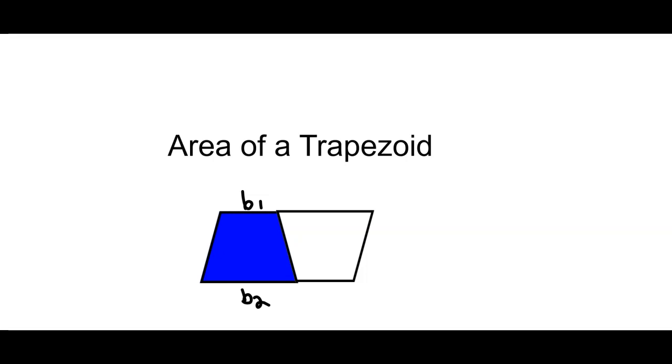Then we can say, okay, base 1 is now down here, and base 2 is now up here, and our height is right here. That's h, our height. So the area of the parallelogram is base 1 plus base 2 of the trapezoid. Those two add up, giving you the base of the parallelogram, times the height.